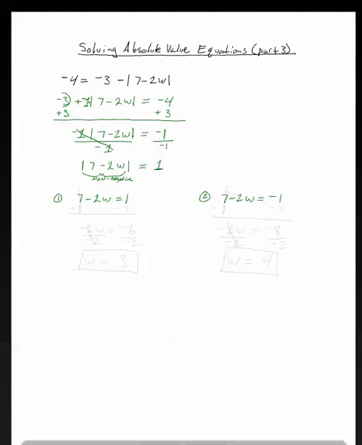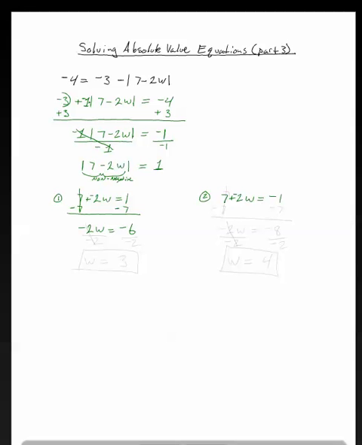I would do my addition of the opposite, so addition of the opposite, as well as over here, addition of the opposite. So now I need to get rid of 7, so I can either subtract 7 or add -7, it doesn't matter. So I'll just subtract 7. 7 minus 7 is 0, so that cancels, leaving me with -2w equals 1 minus 7 is going to give me -6.